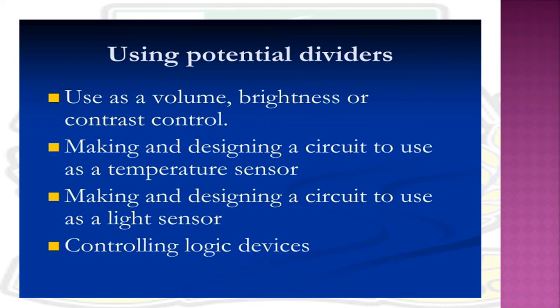Now, potential dividers can be used as a volume, brightness, or contrast control, for making and designing a circuit to use as a temperature sensor, for making and designing a circuit to use as a light sensor, and for controlling logic devices. These are some common applications of potential dividers.